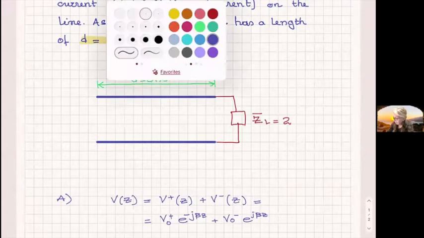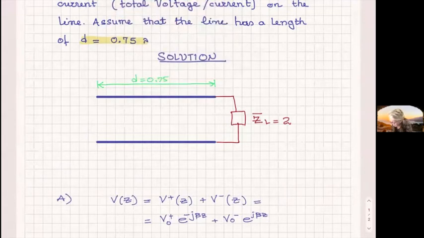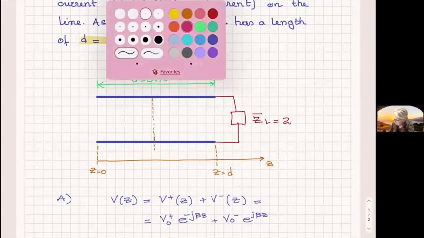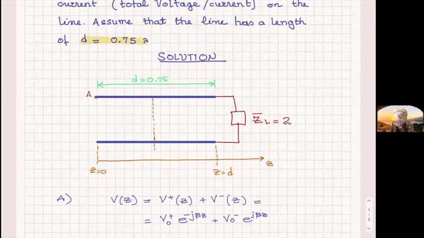what we have assumed here is that this is the Z-axis. I also want to remind you, this is Z equals 0. This is Z equals D. And if I am anywhere on this part of the line, I have also put A prime, B prime.